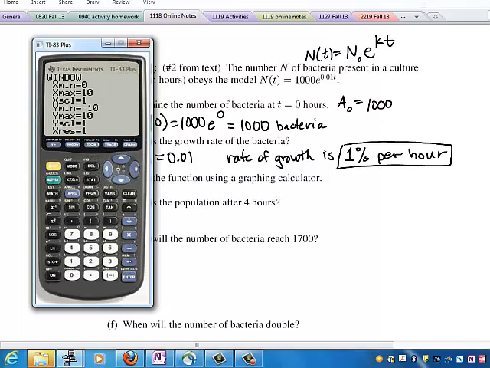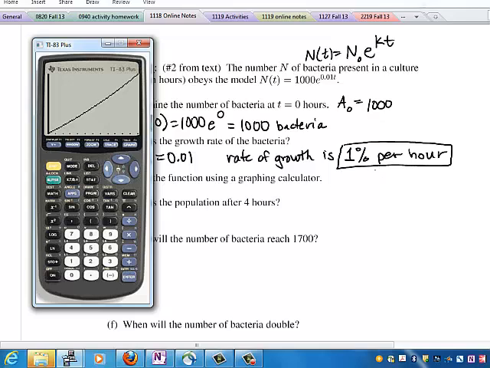So let's start with 0 for our input, and then let's go out to even just 10 hours, this will probably grow relatively quickly. Actually, let's do a couple days, 48 hours. Maybe make our scale 4 and then do a zoom fit so that we don't have to think about the y values. So it looks like they're headed upward. It almost looks linear.